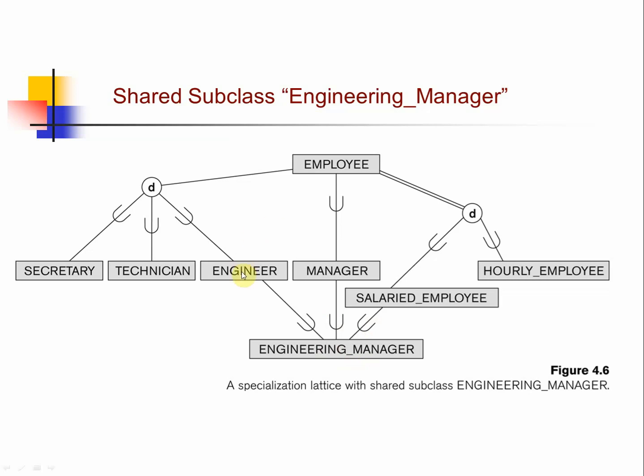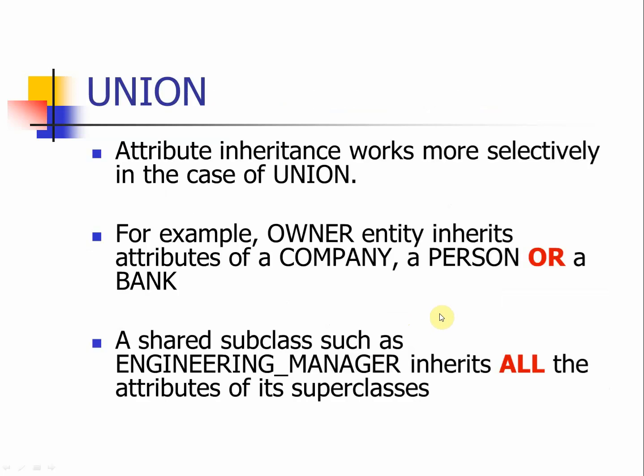It is an engineer, it is a manager, and it is also a salaried employee. So these slides summarize the major difference between the multiple inheritance versus the union concept. The owner concept, which is union, represents an or idea, and a shared subclass gives an and idea.